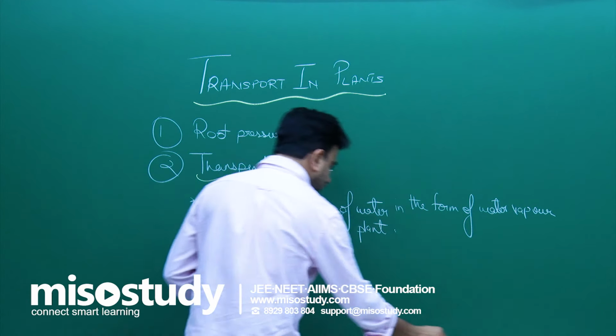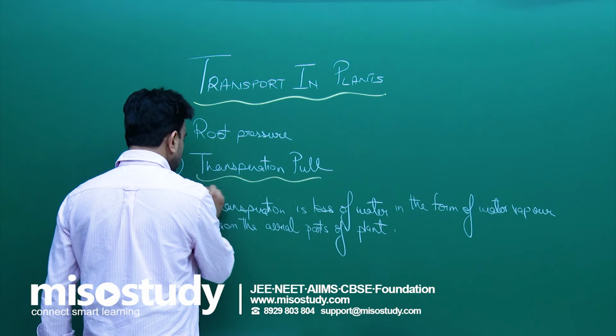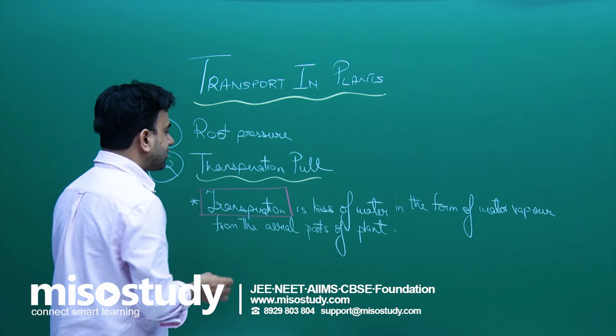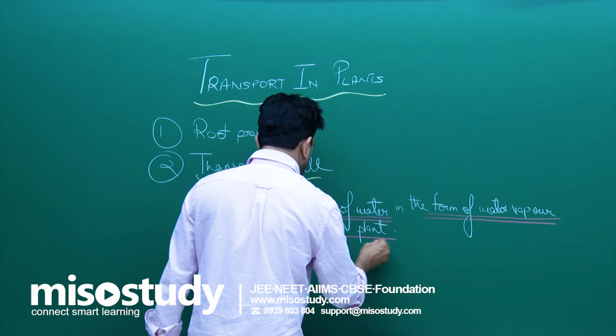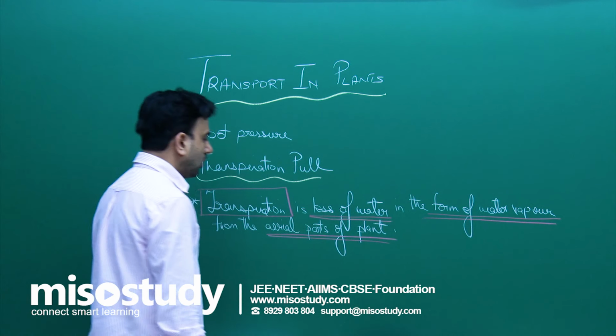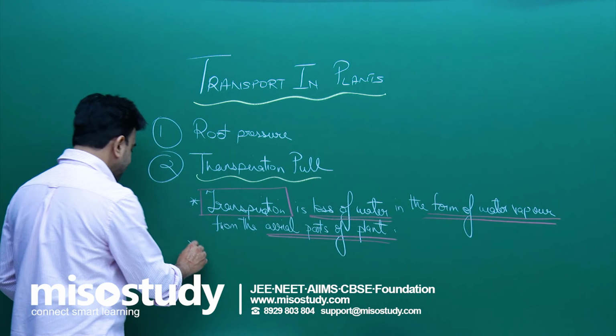Okay. So transpiration is loss of water in the form of water vapor from the aerial parts of the plant. And transpiration takes place from the stomata.